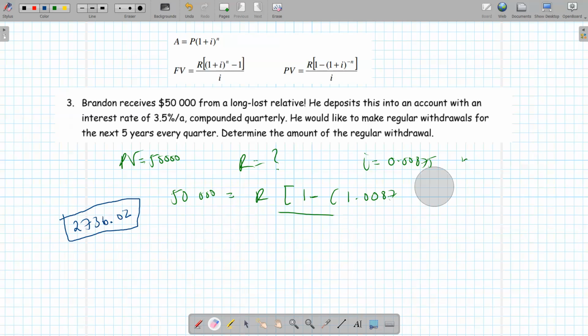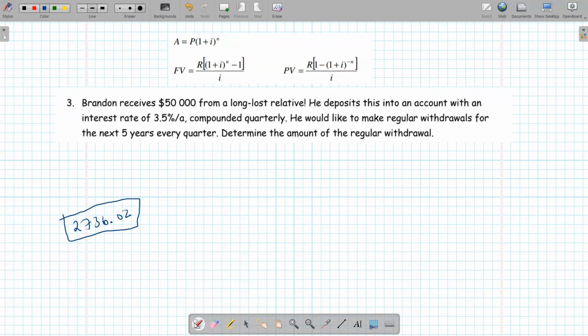Is he making money through the interest, or is he paying them interest? He's earning interest. How much interest did he earn over 5 years? Tell me this number here. Something minus 50,000, right?